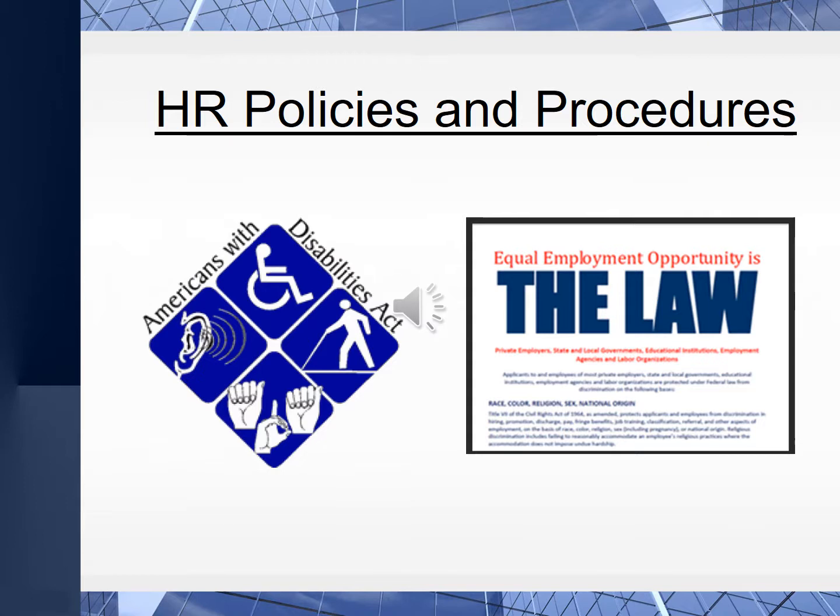In accordance with Title I of the Americans with Disabilities Act, an employer is required to provide reasonable accommodation to qualified individuals with disabilities who are employees or applicants for employment, unless such accommodation would cause the employer an undue hardship.